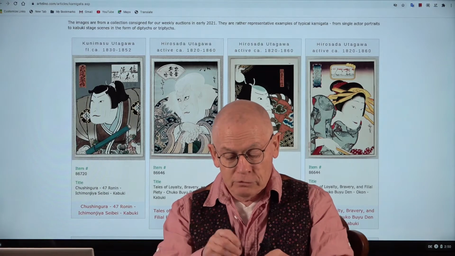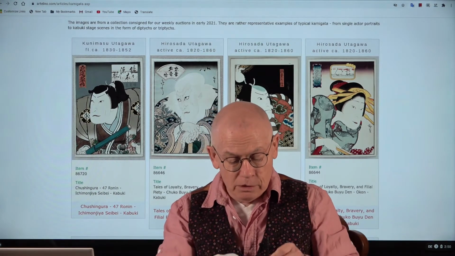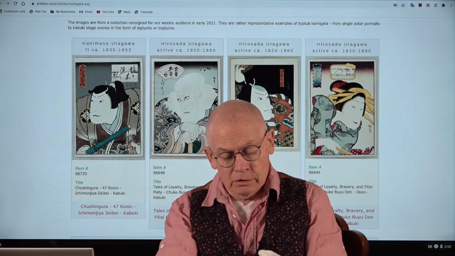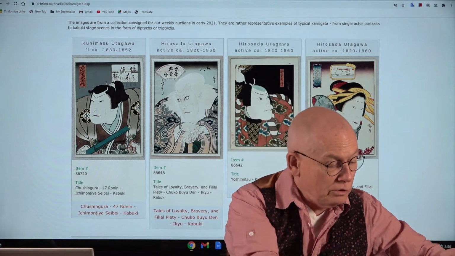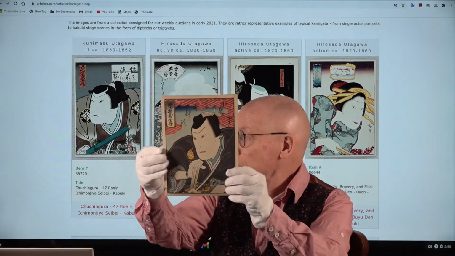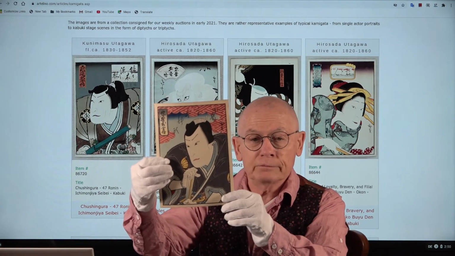Well, a few images and a few real prints may show more than a bunch of my endless words, so let me show you two typical Osaka prints. This is an actor portrait, just like the ones on the monitor.